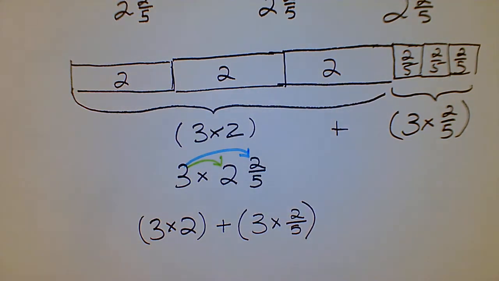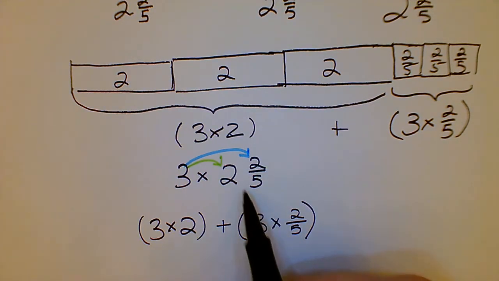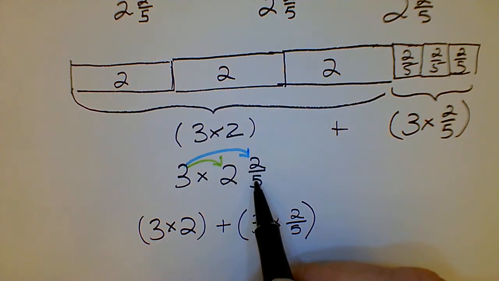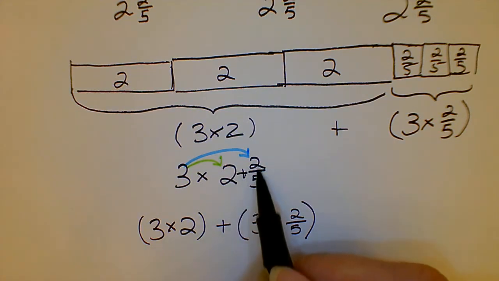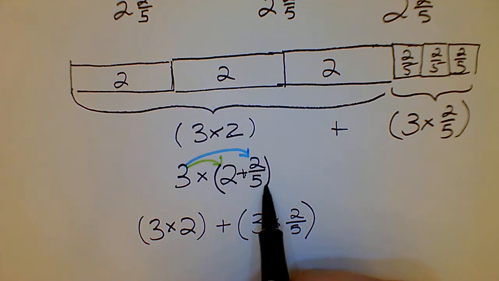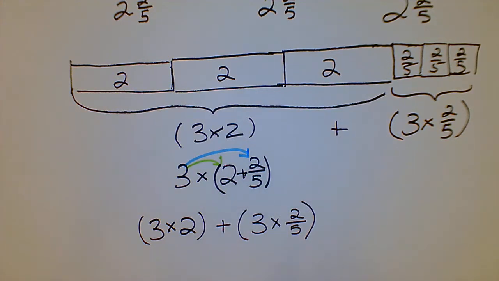Now, another reason that you can do this, I just want to remind you, is that when you have 2 2/5, another way of writing that is to say 2 plus 2/5, but then you have to put that parentheses there to show that that's really one number together. It's also telling us what to do first. It's telling us that this has to be distributed across.